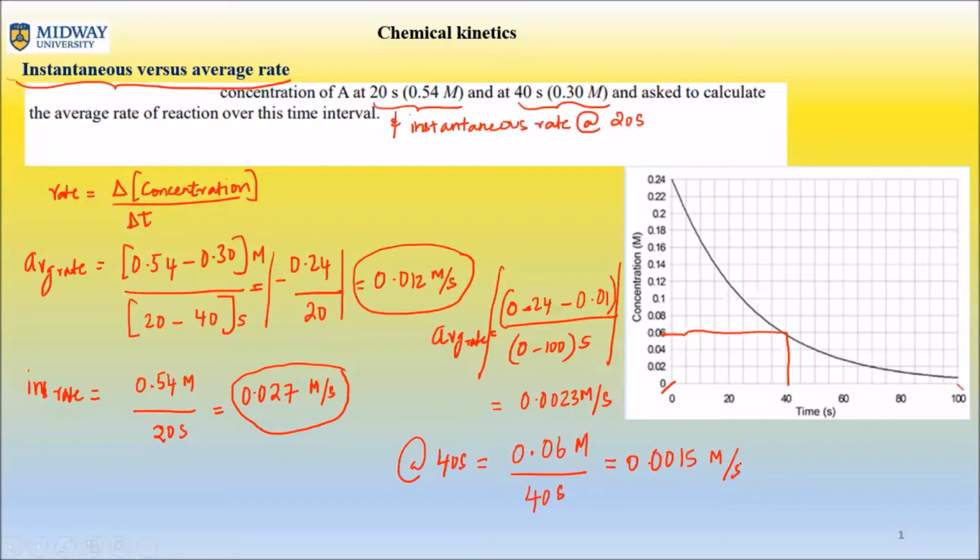These are primarily the two ways this concept could be tested, okay? Or they could also ask you what's the average rate between, say, 60 and 80 seconds. In that case, you would do a line here, connect this, for 60, and then 80, connect this line. And then these will be your numerator, which is essentially the idea of slope.